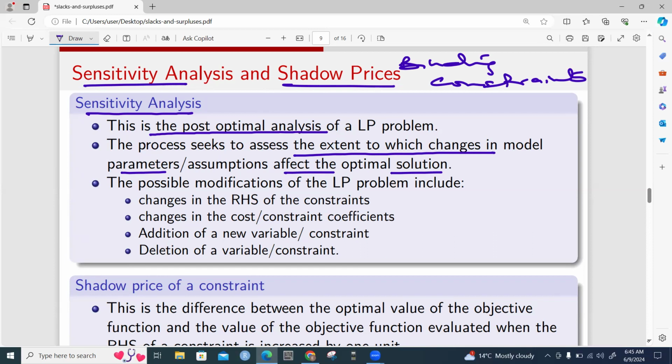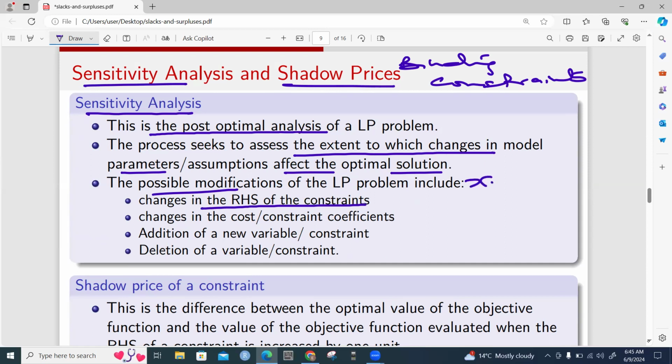And so what could be some of the modifications you can make to a linear programming problem that constitute sensitivity analysis? Some of the activities could be changing the right-hand side of a constraint.